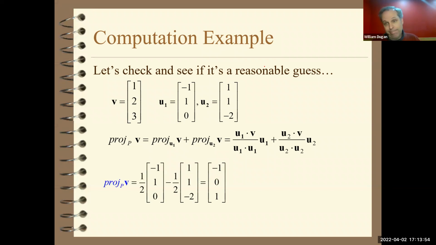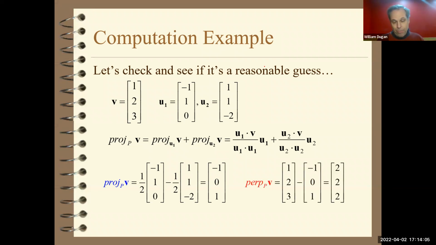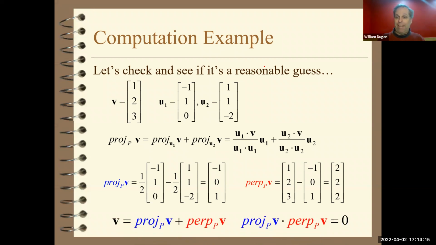That's the result. So that should be the projection, if we're right. To find the component of V that's orthogonal to the plane, we just take V minus this projection. So that would be that other portion. Now, if these are correct, then if I add them, I get V. If I take their dot product, I get 0. And in fact, that's exactly what happens.